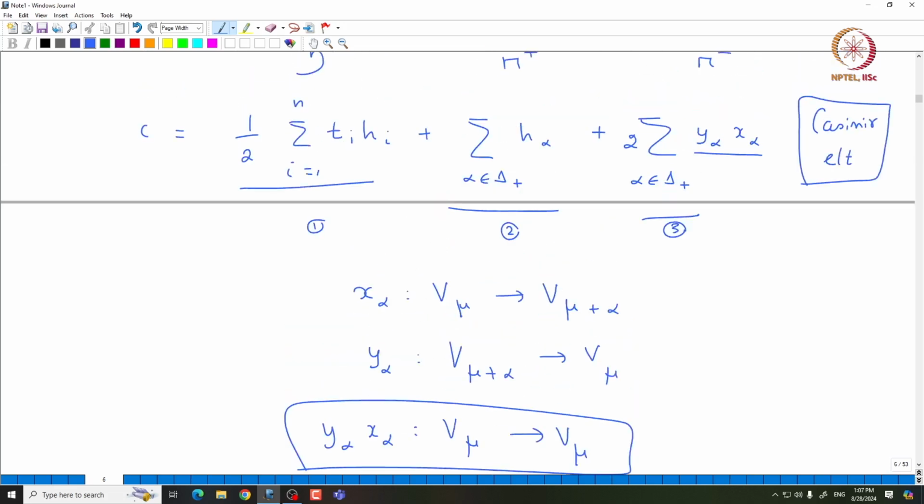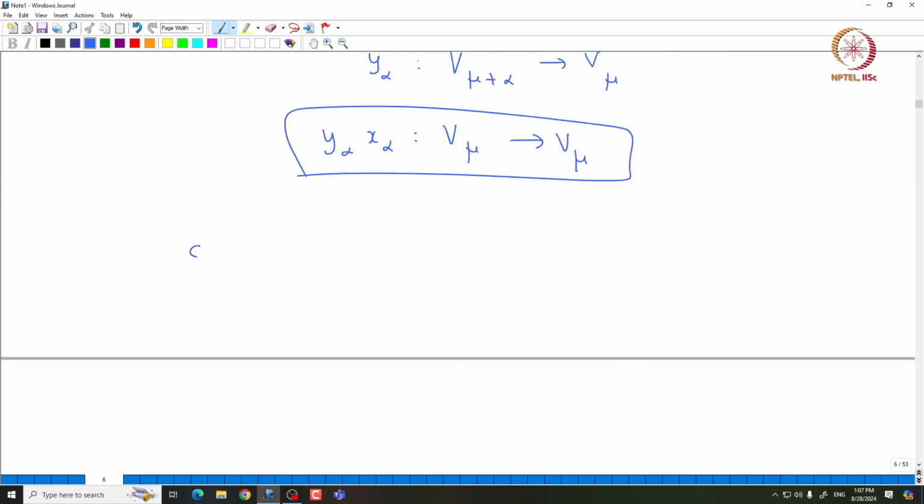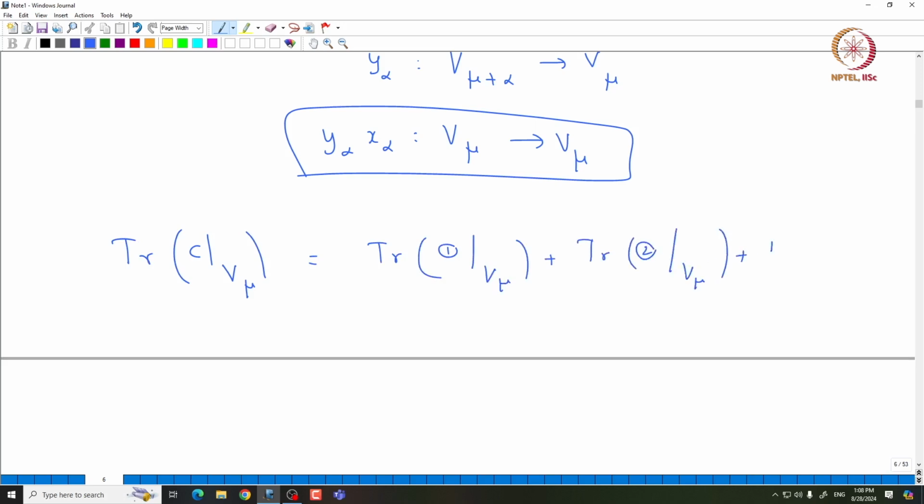Each element in these summands preserves V_μ. So one can compute the trace of C restricted to V_μ by computing the trace individually for each summand. That is what we are going to do. The trace we are interested in, of C restricted to V_μ, is exactly equal to the trace of the first summand restricted to V_μ, plus the second summand restricted to V_μ, plus the third one restricted to V_μ.